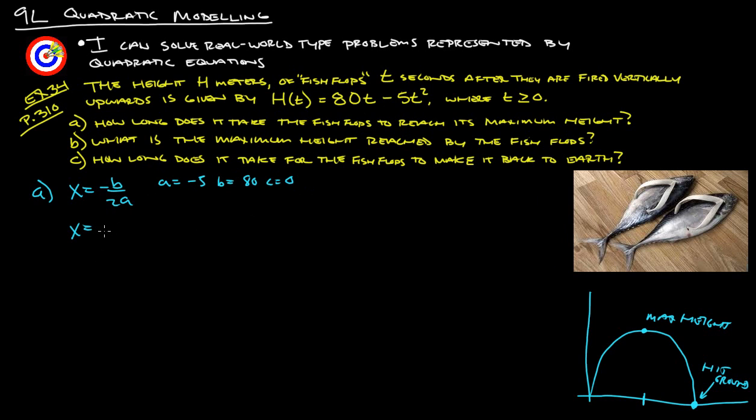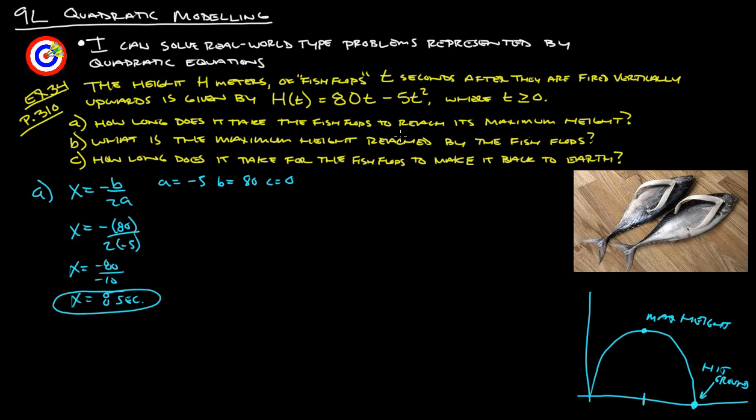So if we plug that in, we get x equals negative 80 all over 2 times negative 5. So that gives us negative 80 over negative 10. So that's going to take us 8 seconds to reach the maximum height.